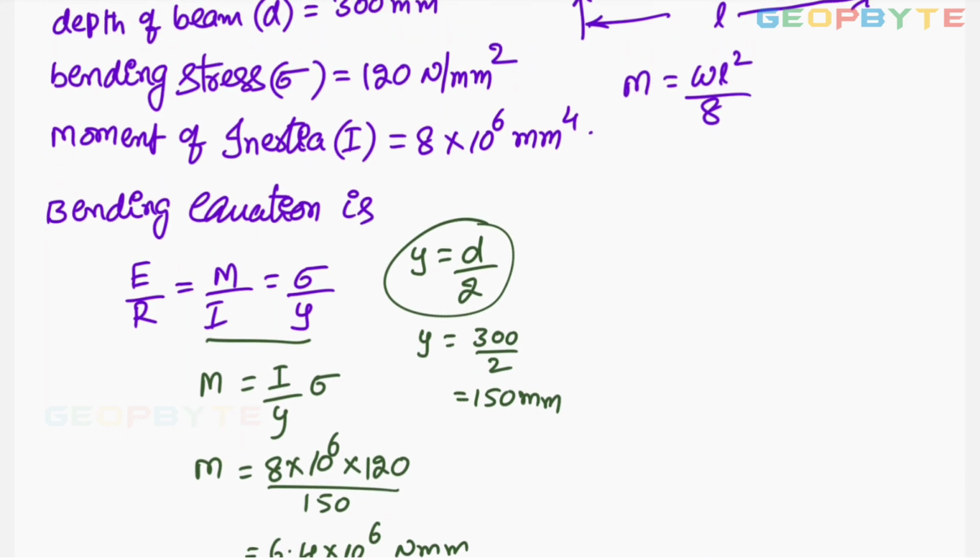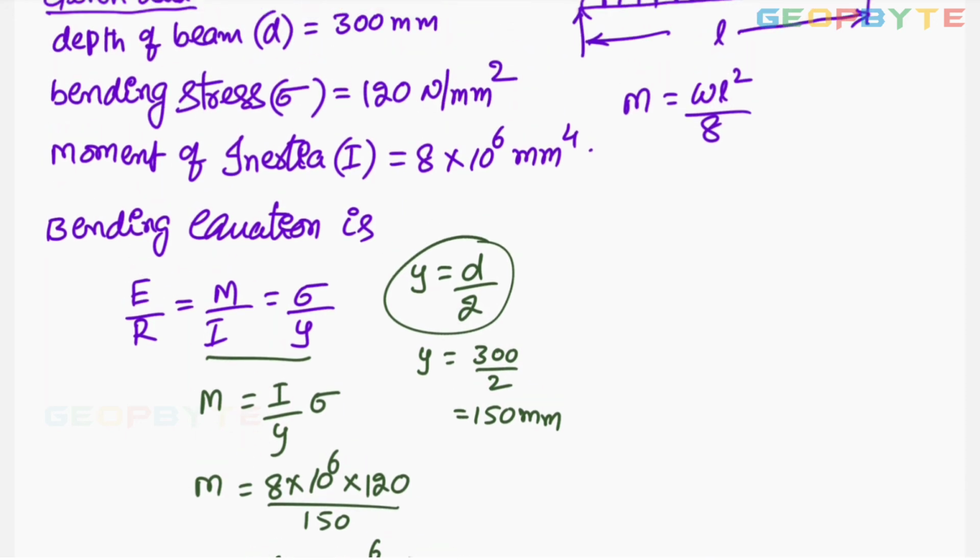Now come here. M equal to WL square by 8.